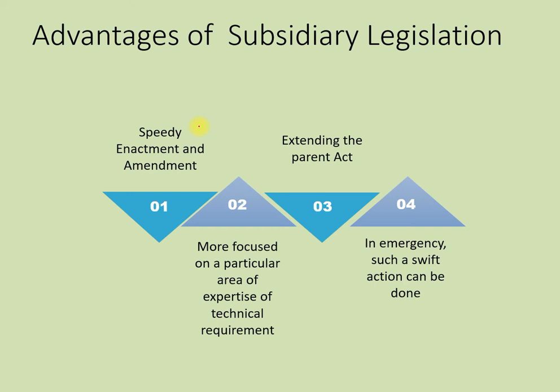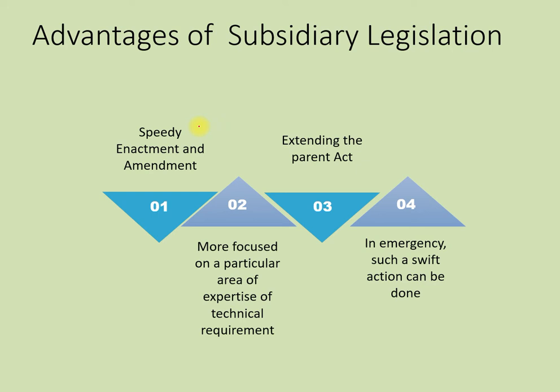Number two, more focus on a particular area of expertise or technical requirement. Sometimes a regulation needs to be elaborated in a technical way. For example, in chemical safety there are jargon terms which need subsidiary legislation to elaborate more.